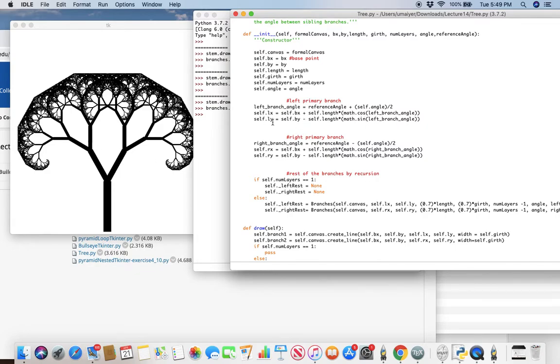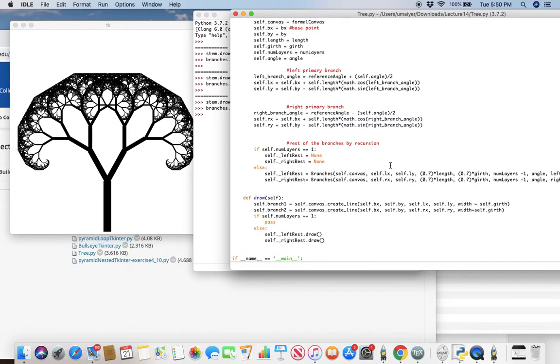Likewise, y coordinate will be y coordinate of this point plus sine. Okay. Now you don't want just sine, you want length also. Otherwise, all the length will be 1. And you don't want 1 pixel or length for branch, and that's why you have self dot length here. Right branch is the same approach, nothing new. The only difference is angle has changed.